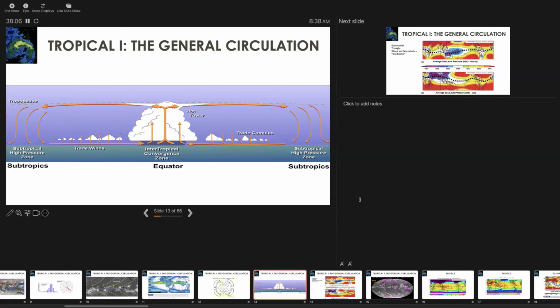So in each hemisphere, we have a Hadley cell, and as that air begins to move back towards the tropics, okay, now in this area it's dry, right? This is higher pressure. And as it's dry, it starts moving across ocean surfaces and it starts picking up moisture. So we start increasing the cloud and increasing the cloud until you get to the intertropical convergence zone and you're off to the races again.